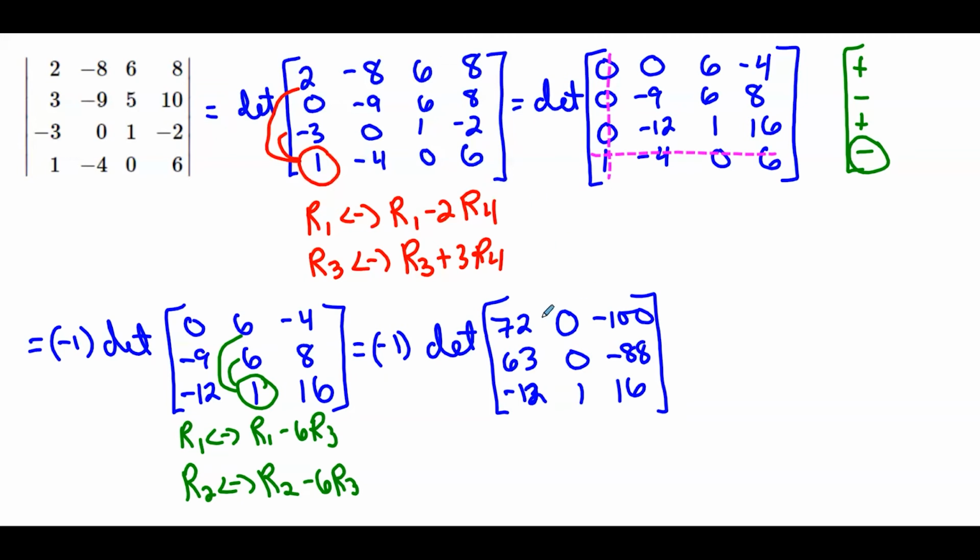All right. So now I have this column with a 1 and 2 zeros. So I'm going to eliminate that row and that column that 1 is in. It's going to be negative 1 times, and remember, what's the sign here for this one? So this is a 3 by 3 matrix.